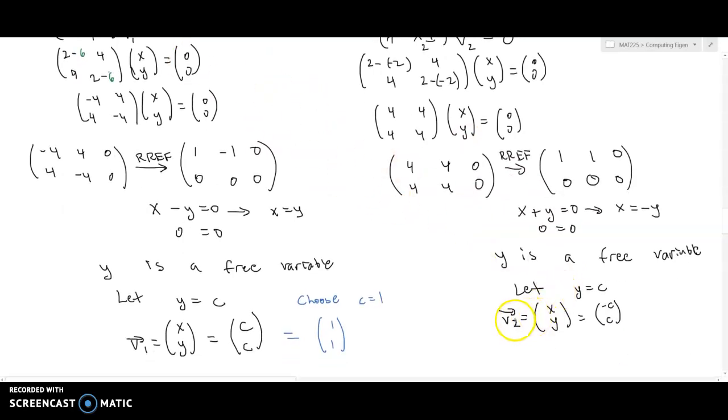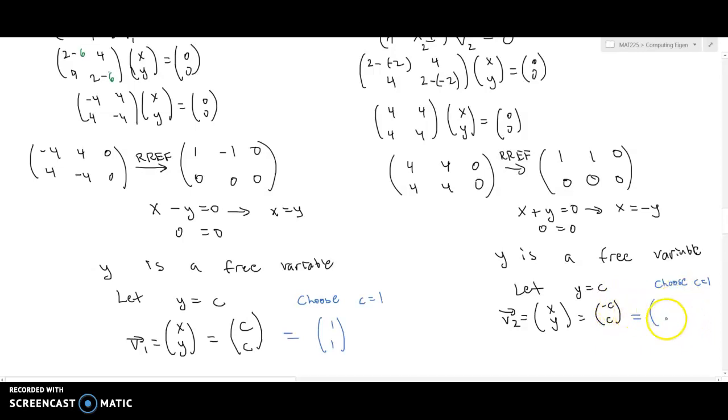I just prefer choosing 1 in general, because that produces a clean looking vector for the most part. You could choose c equals 2, you could choose c equals 3. There are infinitely many eigenvectors that you can pick here, and we've already established that any choice of these values will produce an output that is just a scaled multiple of that input.